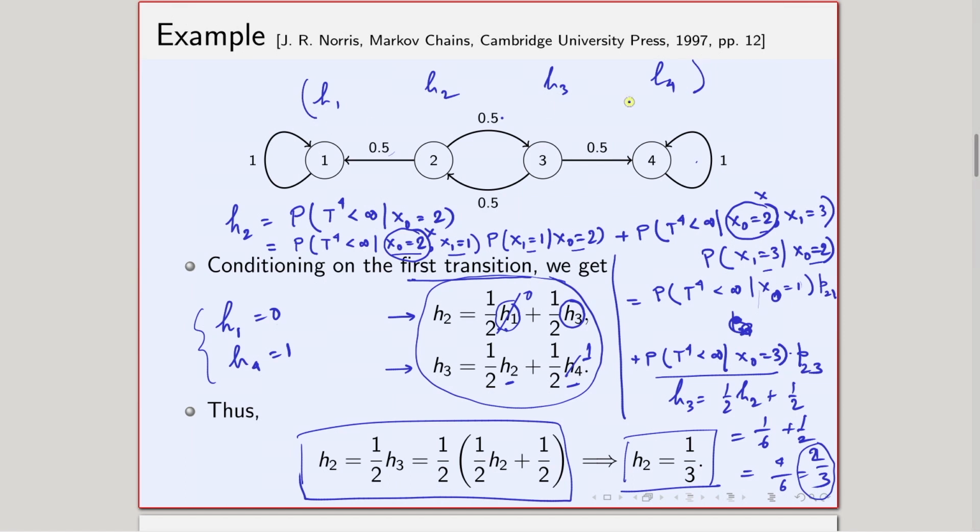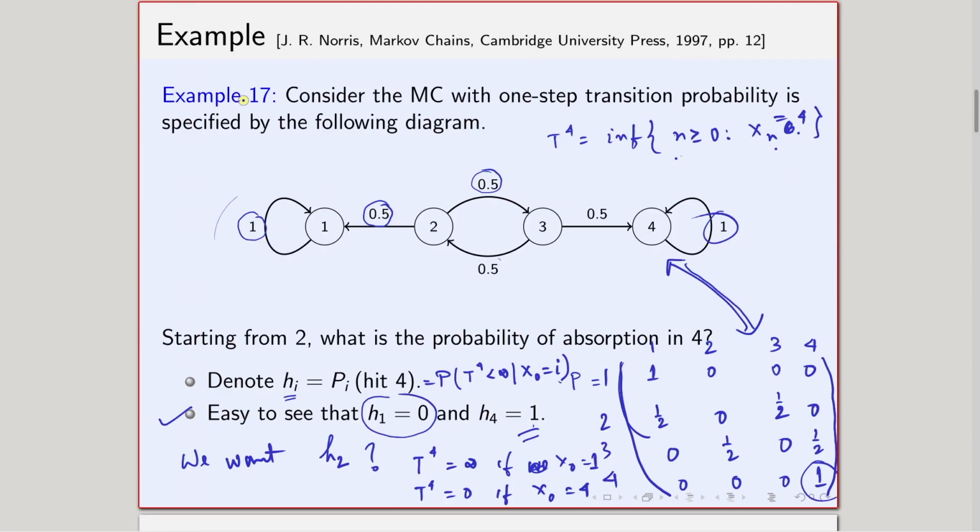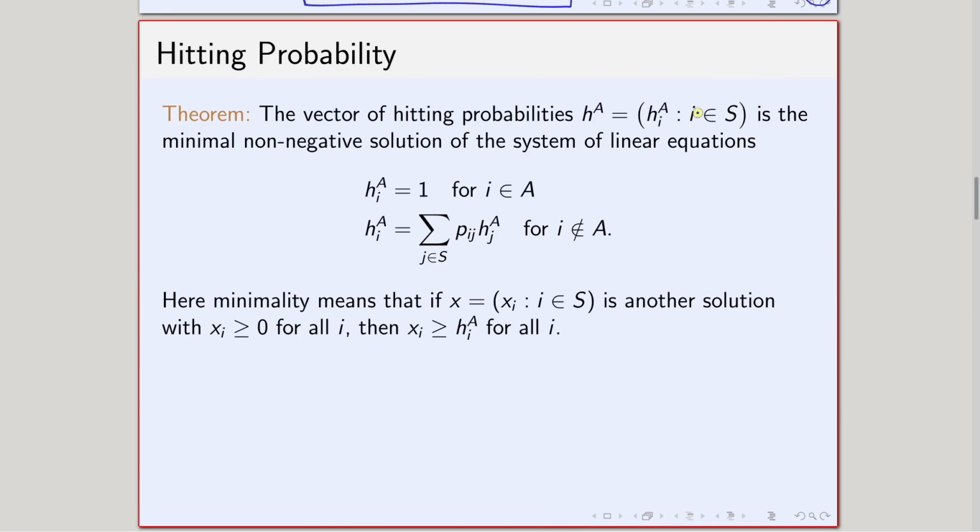So taking everything together, I am calling it H. So that is a vector. So the vector of hitting probabilities is the minimal non-negative solution of this system of linear equations.